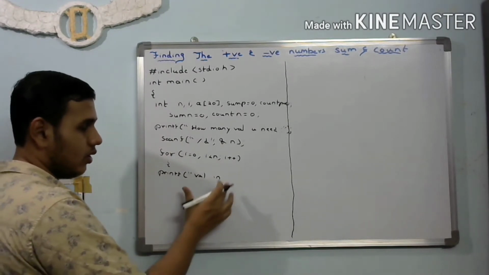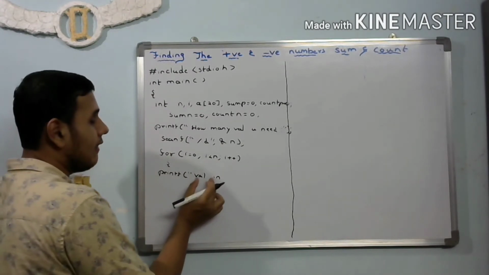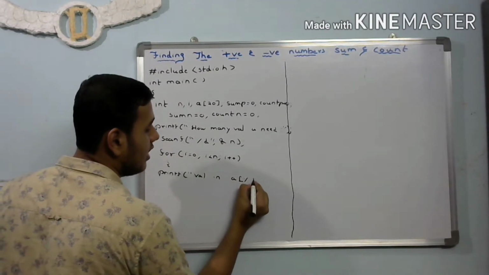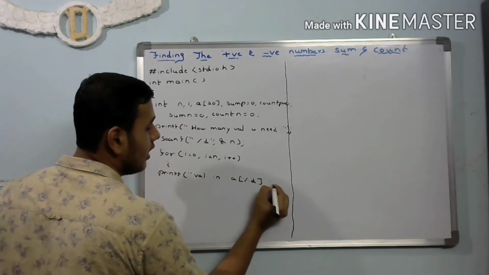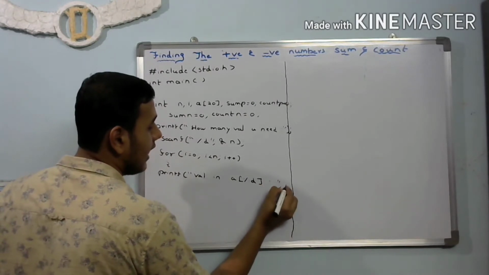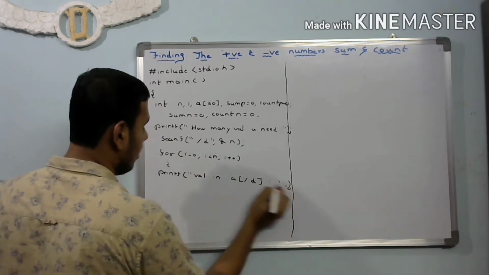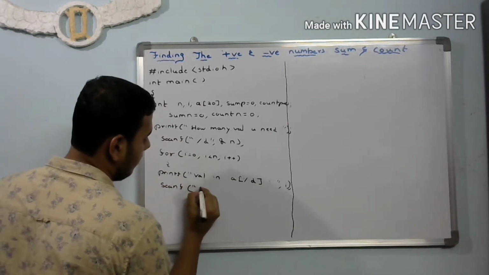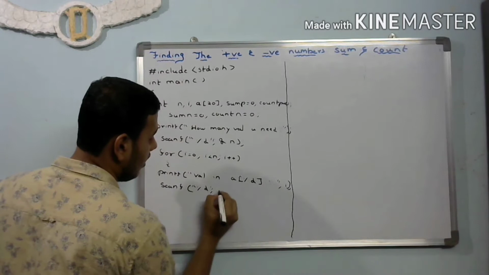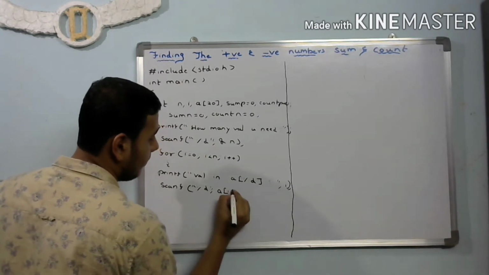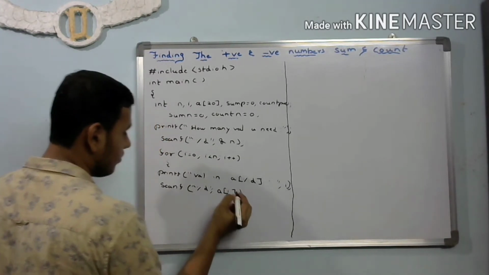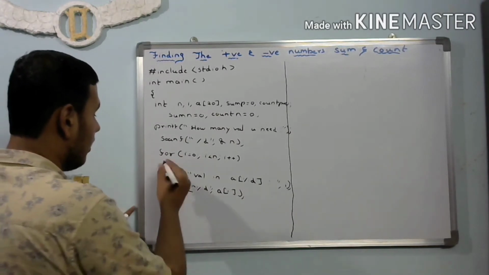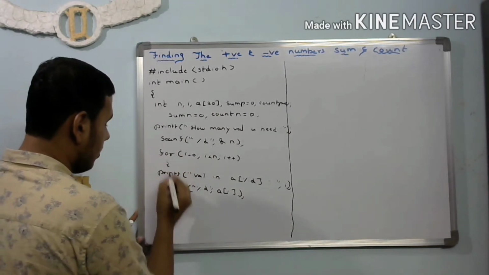Here, due to the place requirement, I am just writing value in of percentage d. Here i will be stored here. So scanf percentage d, a of i will be stored here. So the for loop is closed.